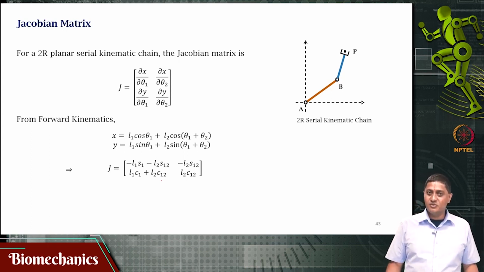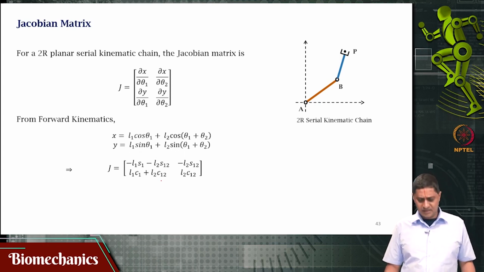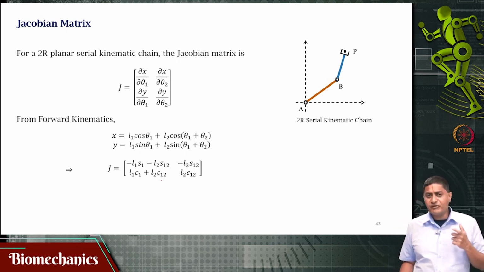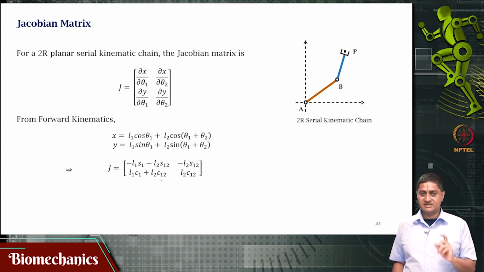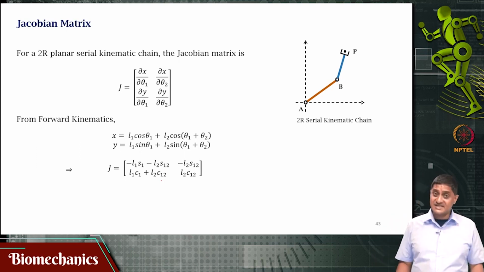Inverse is defined only for square matrices. So I can do this properly only in this case, because this is a 2 by 2 matrix, a square matrix. I can of course find J inverse and then compute. So in other words, can I perform inverse kinematics analysis using this Jacobian matrix? That is the big question. The answer is yes.